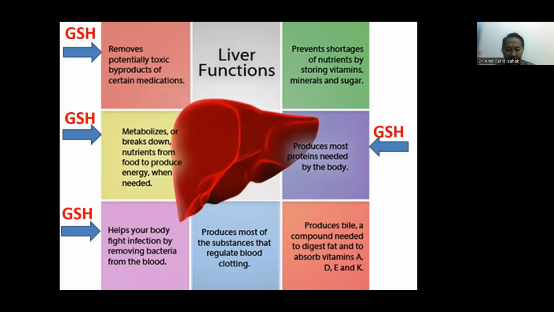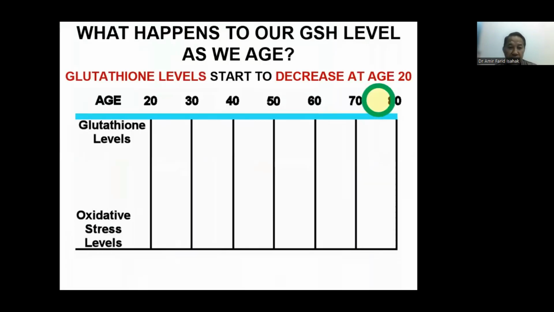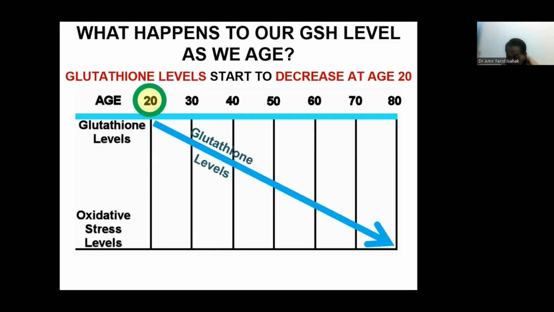So that's why the liver has the highest concentration of glutathione compared to all the other organs in the body. Okay, so we know that glutathione is very crucial for liver health and liver function.